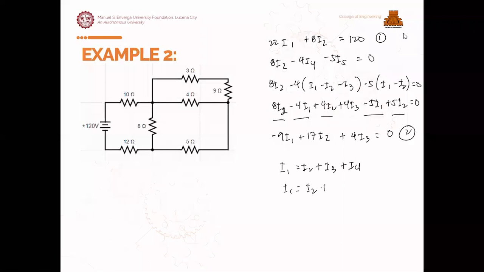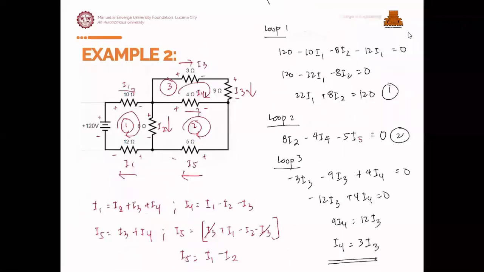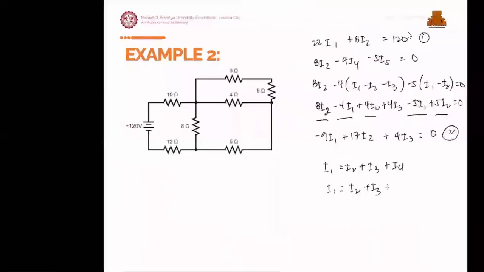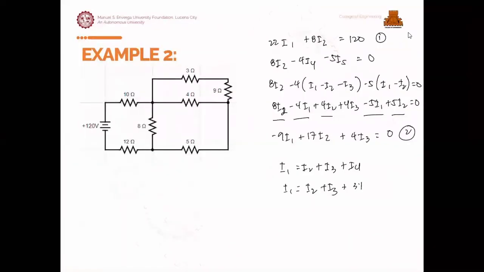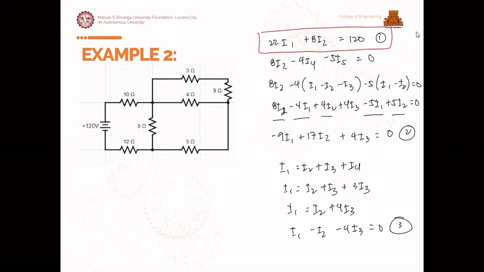na relationship na ang I4 is equals to 3I3. Okay? 3I3. So I1, I2 plus 4I3. So ibig sabihin, I1 minus I2 minus 4I3 is equals to 0. Ito yung third equation natin. So kung makikita nyo, meron tayong 3 equations, 3 unknowns.